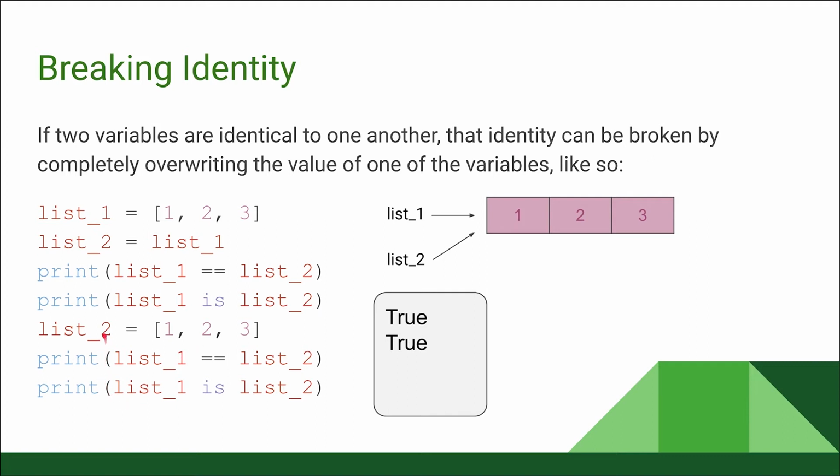If I change list2 to equal [1, 2, 3], now they are not pointing at the same list anymore. Each of them is pointing at their own list. So even though they have the same contents, this one's still going to be true because they're still the same inside, but our second check is going to be false because they are no longer pointing at the same place.